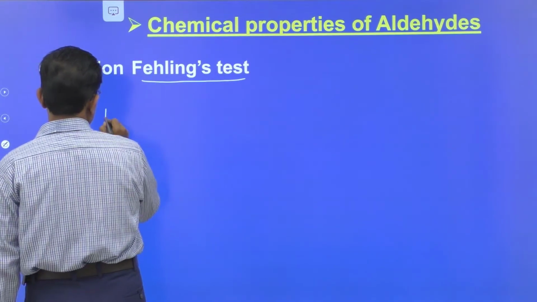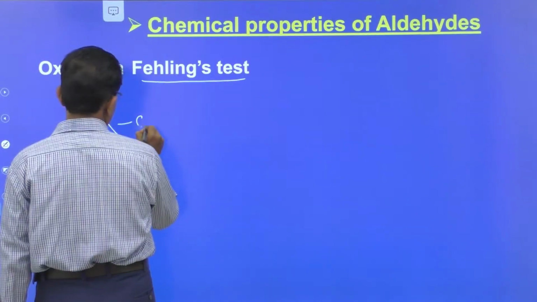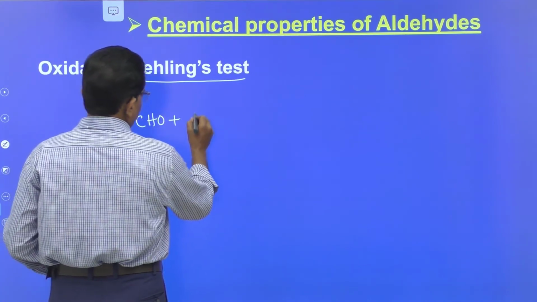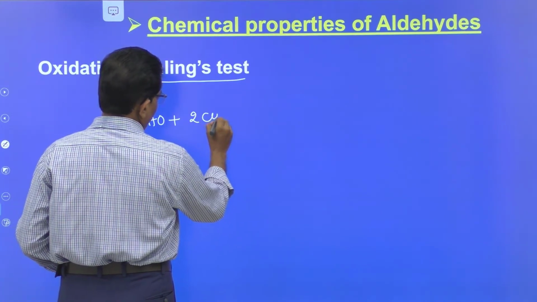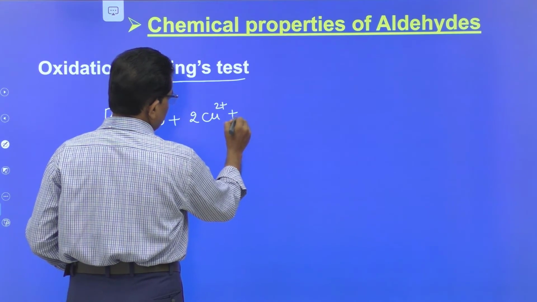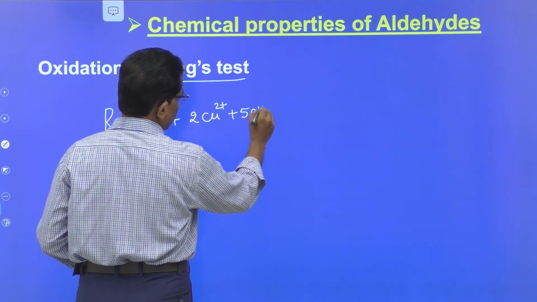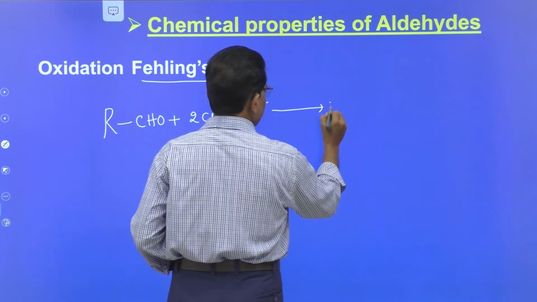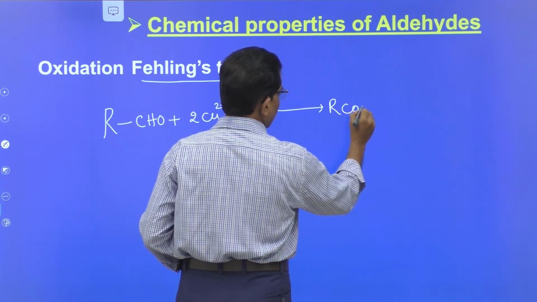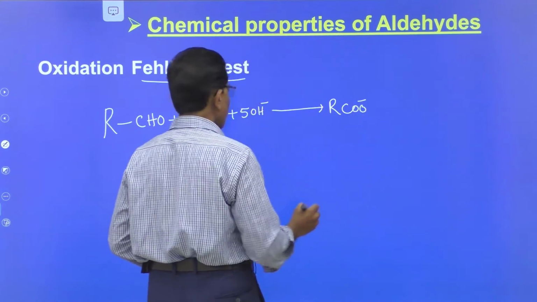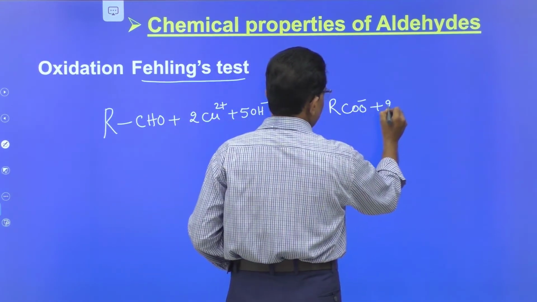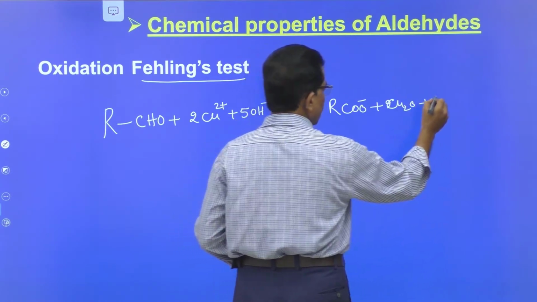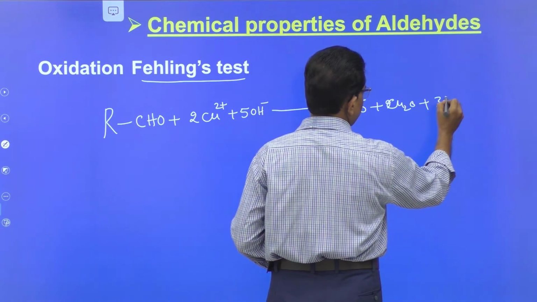Here, aldehyde RCHO plus 2 moles of Cu2 plus and 5OH minus. Then you will get carboxylate ions, RCOO minus, plus Cu2O plus 3H2O.